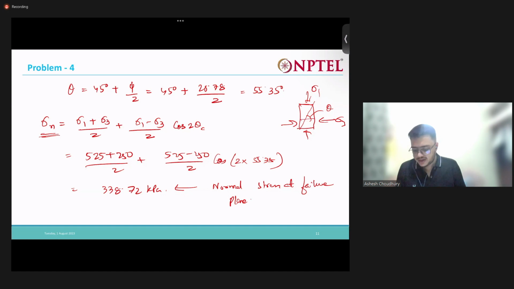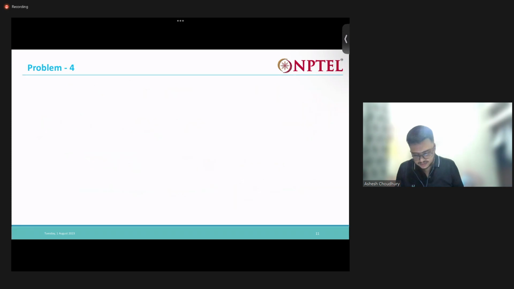Now what we need to find out is the normal stress on the plane of maximum shear stress. Let us find out the maximum shear stress.